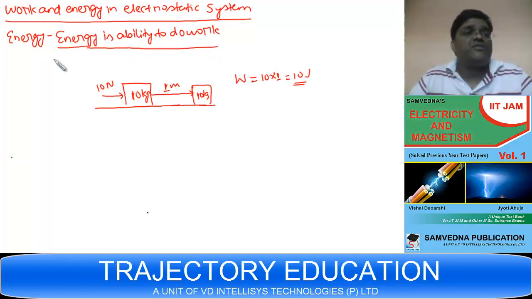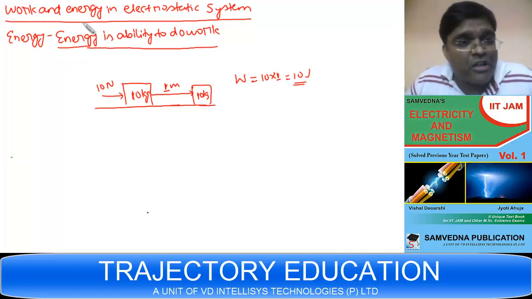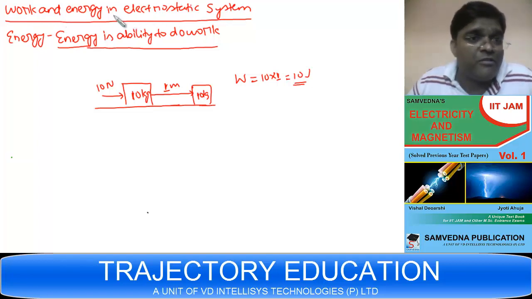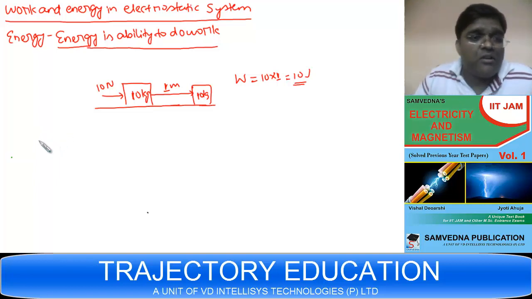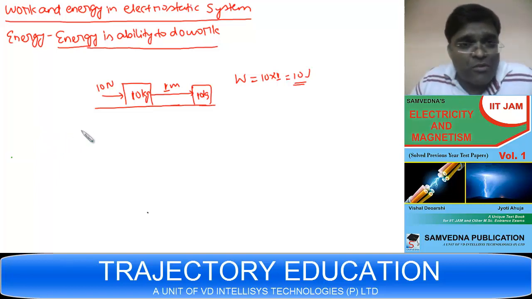In this chapter we will be studying work and energy. We will see several questions where electrostatic energy gets converted to some other form, or some other form of energy gets converted into electrostatic energy. Here we are dealing with a system of static charges. The charges are not in motion, so there is no question of kinetic energy.